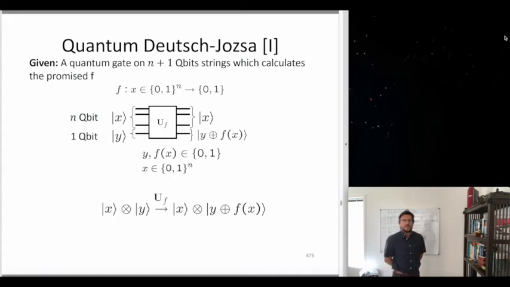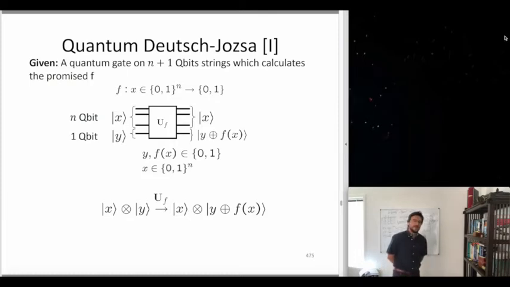For the quantum Deutsch-Jozsa, if you look at that circuit that we see here, we have n input bits, so x is a string of length n, and now we have 1 output bit. And we again use the phase kickback that we used before.